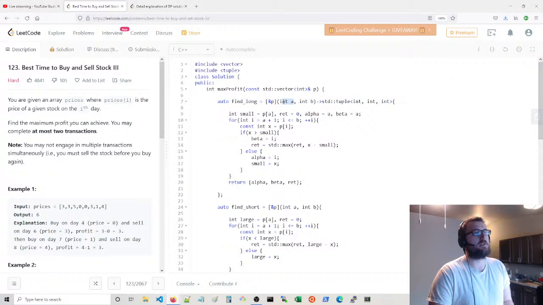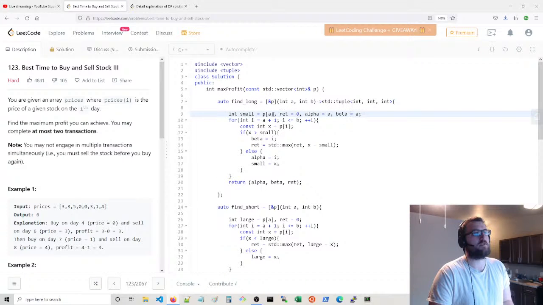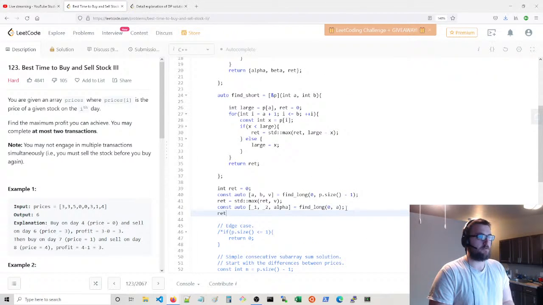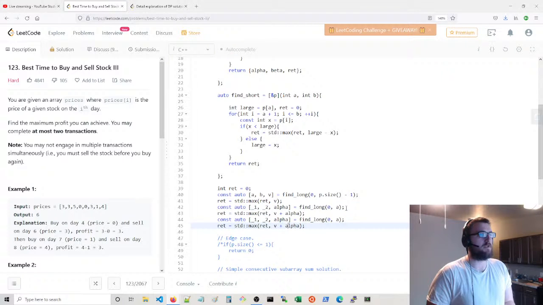A's got to be at least 0. So say ret equals std::max of ret and v plus alpha. We can do beta.